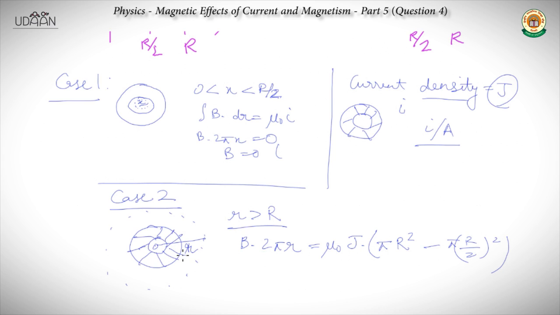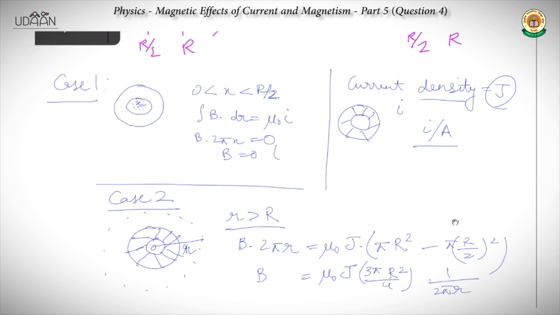We're looking at the current being carried within the cylinder, which is exerting a field over here. So this is mu naught J into 3 pi R squared by 4. B will be the whole thing times 1 by 2 pi r.